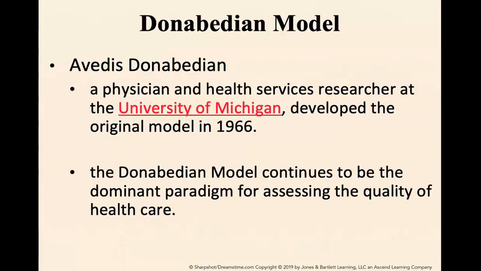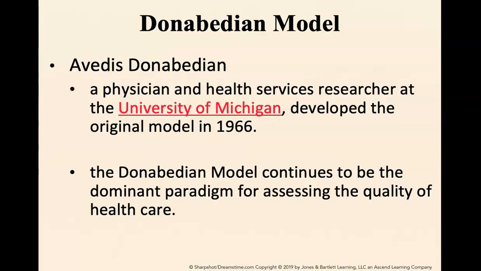So this particular paradigm that Avedis Donabedian put together is called the Donabedian model in examining quality of healthcare. He was a physician and a health services social scientist researcher at the University of Michigan. And this model goes way back more than 50 years.